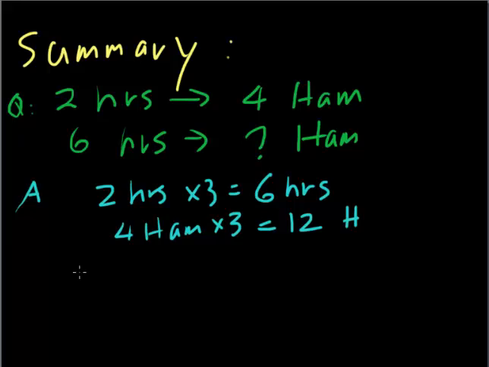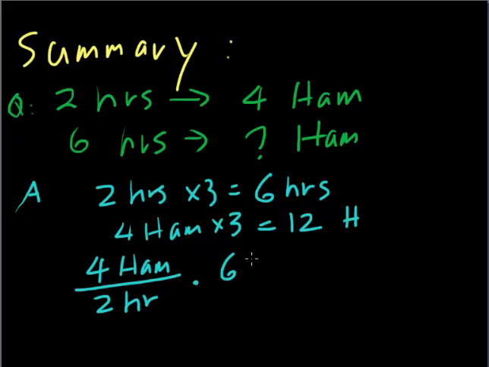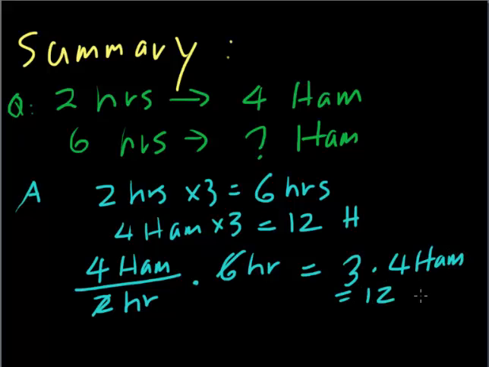And we can also say that if we have 4 hamburgers every 2 hours and we times 6 hours, we say 6 divided by 2 is 3 times 4 hamburgers equal to 12 hamburgers, okay?